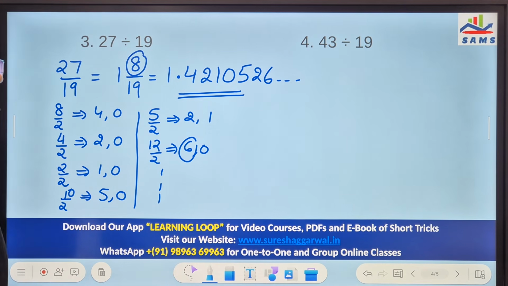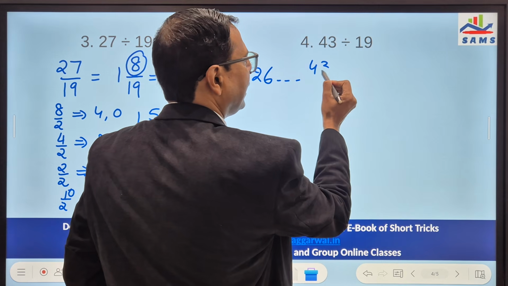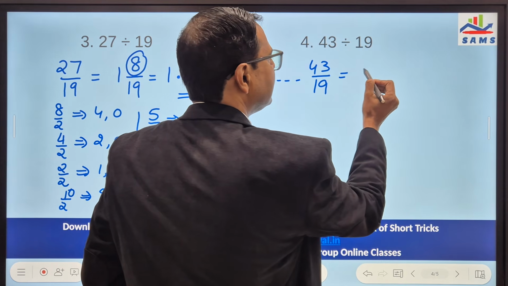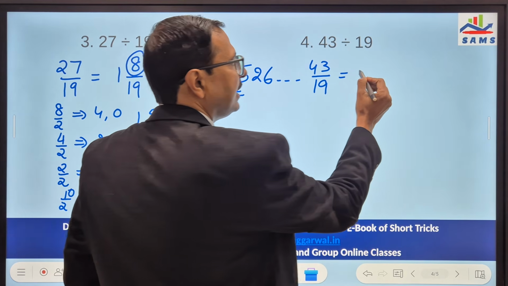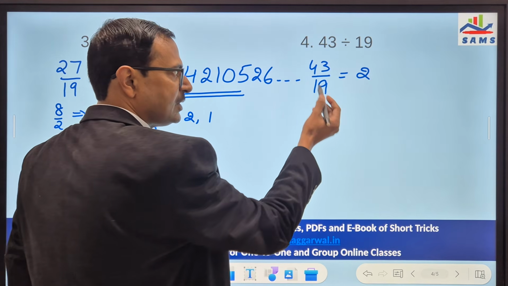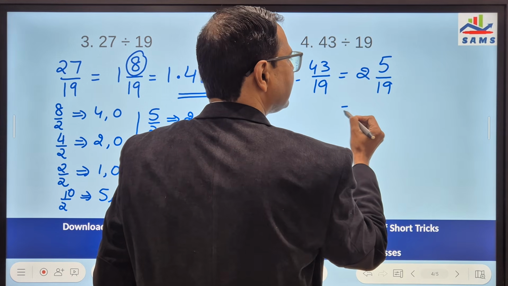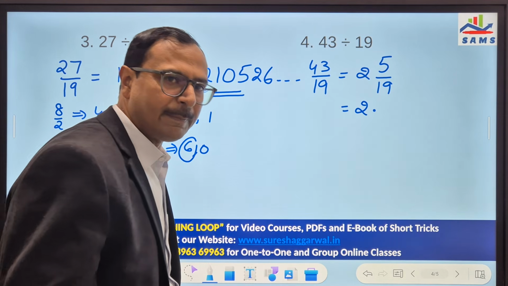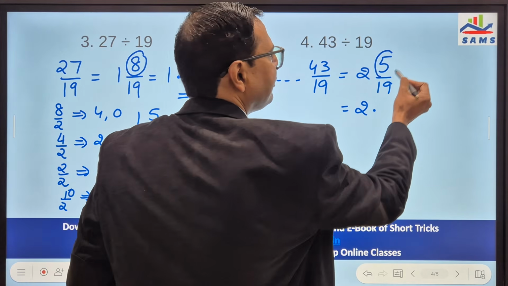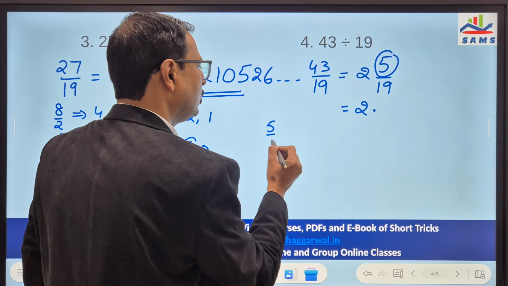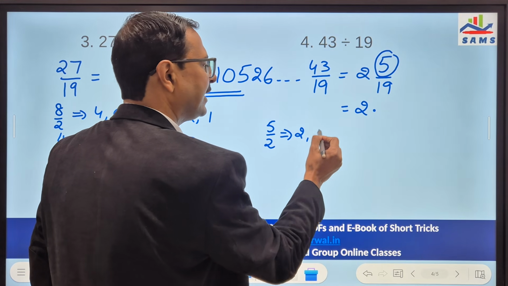Likewise, 43 divided by 19. Now 2 times 19 is 38. So we have a 5. So 5 over 19. And so your answer will be 2 point something, the whole number part. Now start with the 5. 5 by 2 gives me 2 as the quotient, 1 as the remainder.